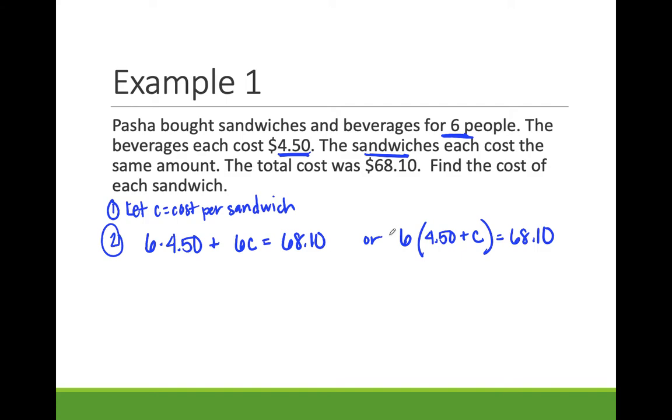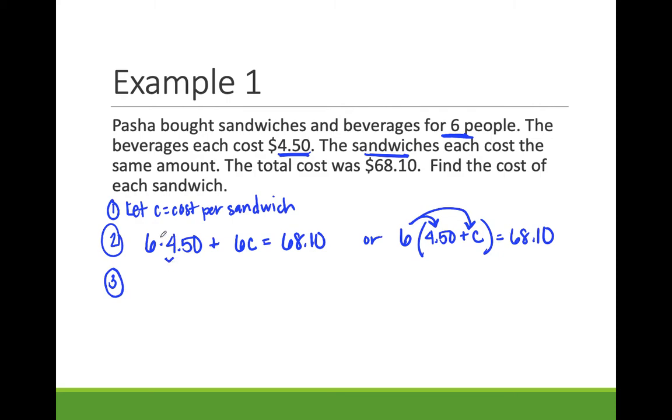Either way you do it, you're going to get the same answer, because as you can see, if you start with this, you're going to have to use the distributive property when you solve it, which will actually end up having you multiply 6 times 4.50 and 6 times C anyways. So it's just that the beginning looks a little bit different, but then the rest of the process is the same.